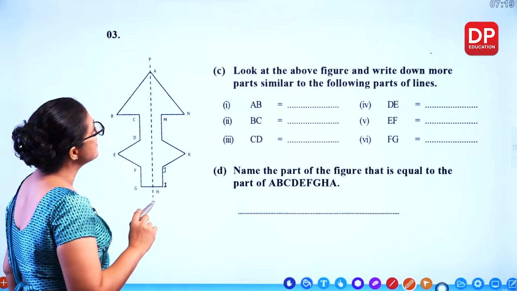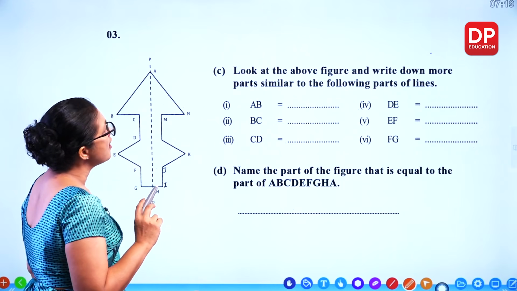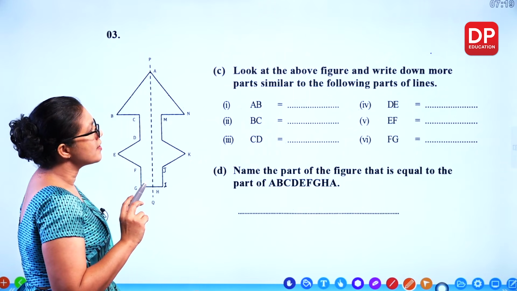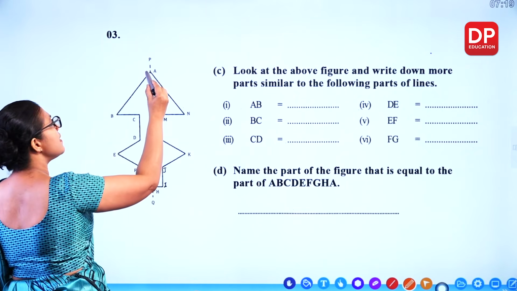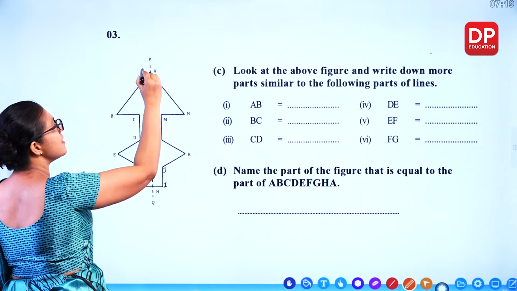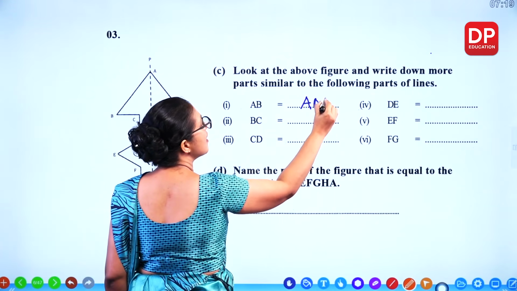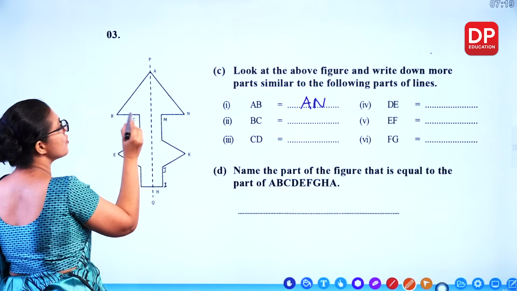So same figure is there. You are asked to write down more parts similar to the following parts of lines. AB, this line. So this line is same as AN. BC line, where's BC? This horizontal line.